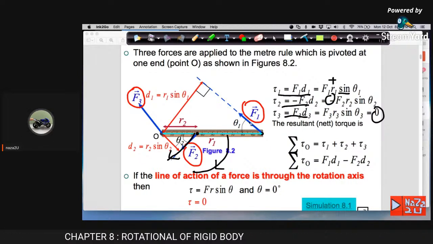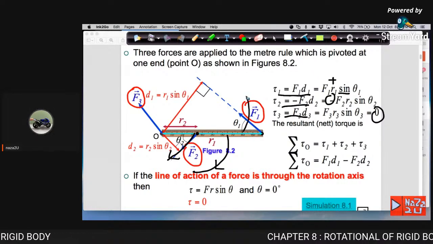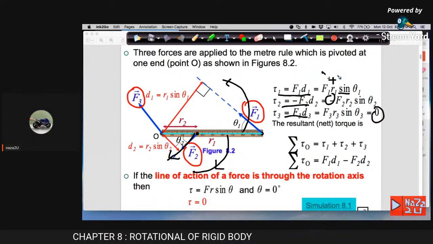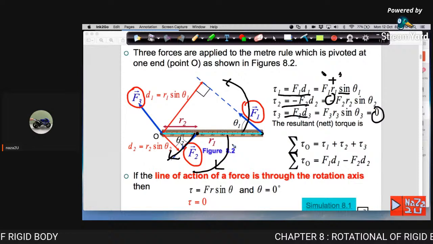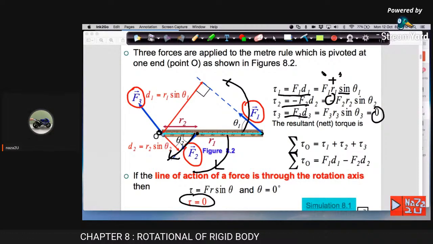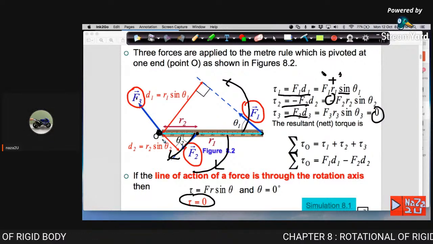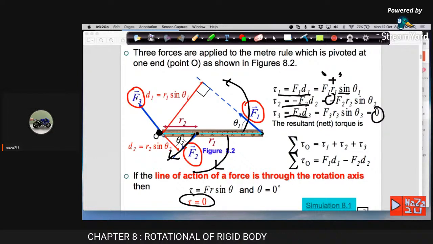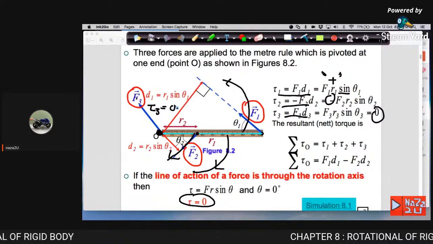And for the F1, the metal rule moves or rotates anti-clockwise. That's why we have a positive torque for F1 or torque 1. And for 3, torque is equal to 0 because the line of the force F3 is at the same position as the pivot point. So torque 3 is equal to 0.